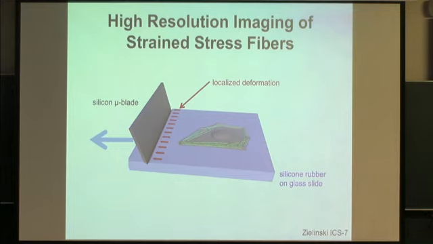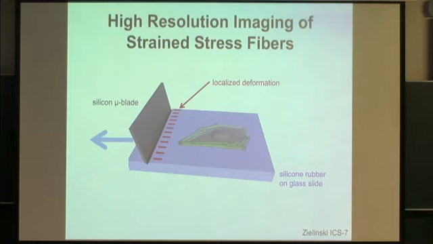And now we have to basically pull one end of the cell and not the other in order to elongate a stress fiber. And that is done with basically a microscopic garden implement, a hoe. What he did is he cut a piece of a silicon wafer, glued that to some holder, put it in a micromanipulator, and then you can basically poke that hoe into the soft rubber and move it to one side.